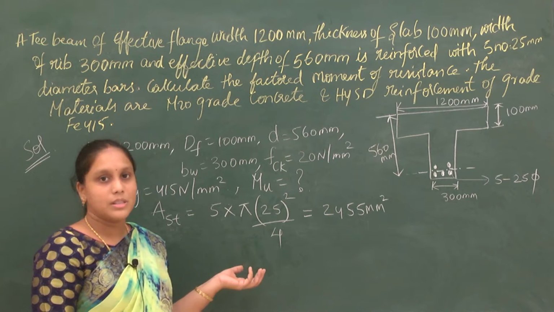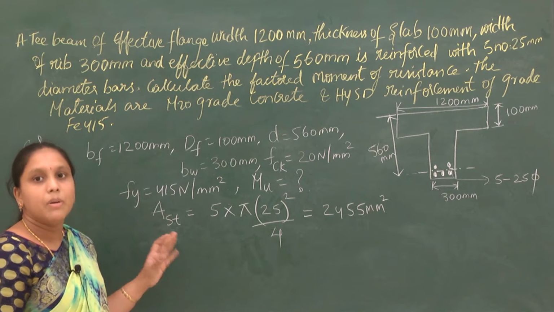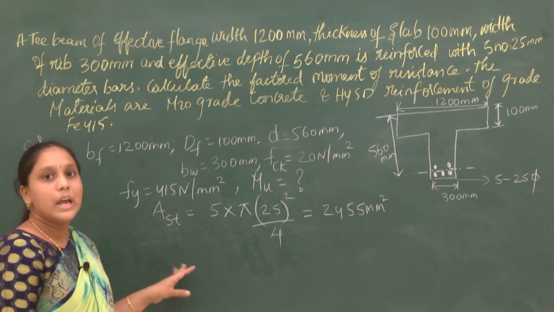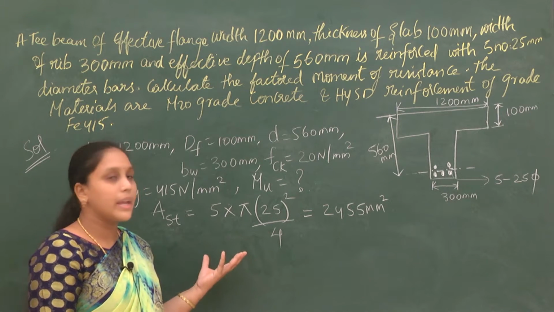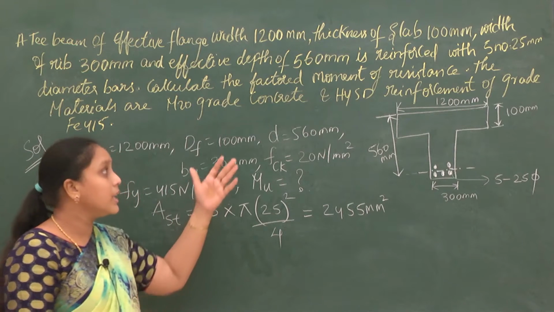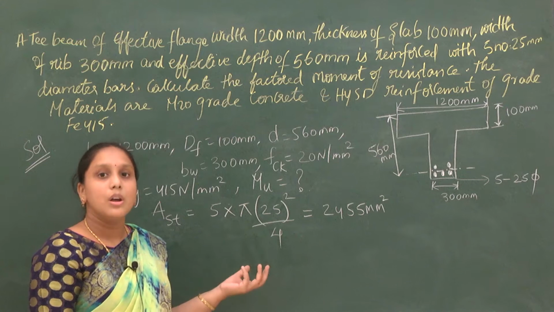Now in the previous lecture we have already seen that for a flanged beam the neutral axis might either be in the web or in the flange. Here the position of the neutral axis or the neutral axis depth is not given.